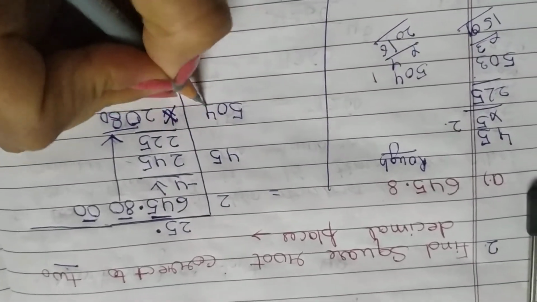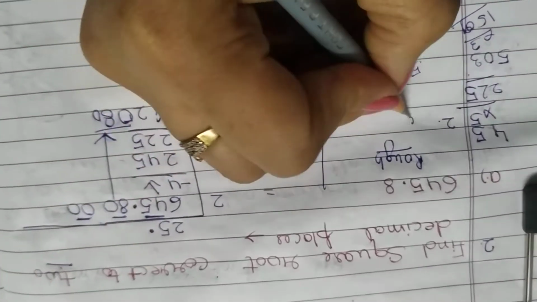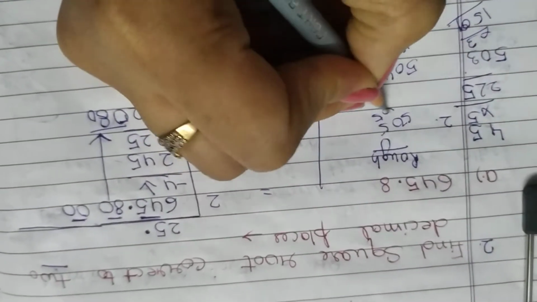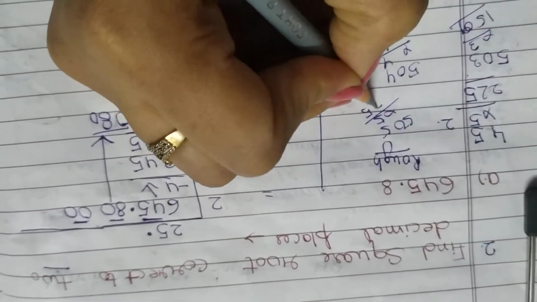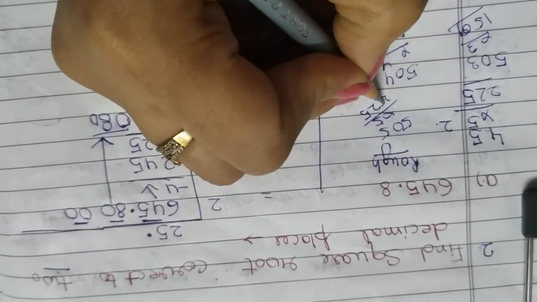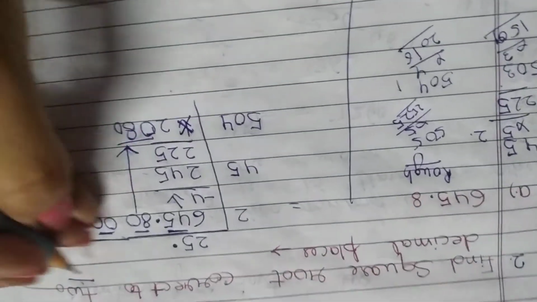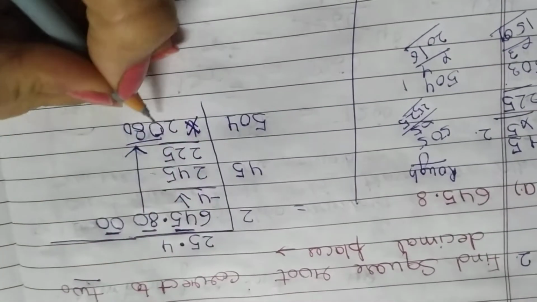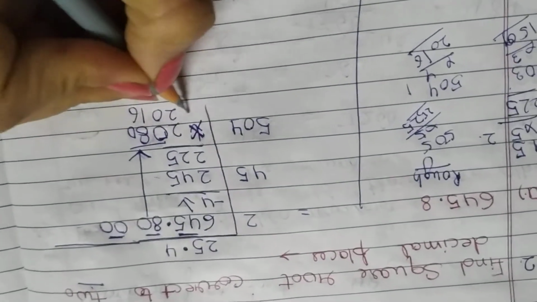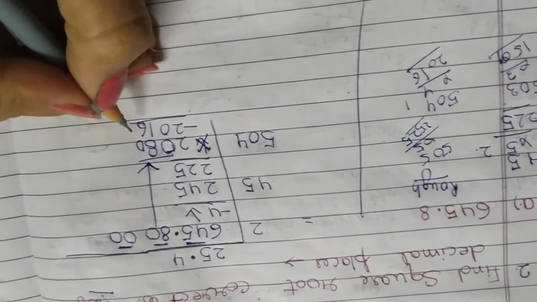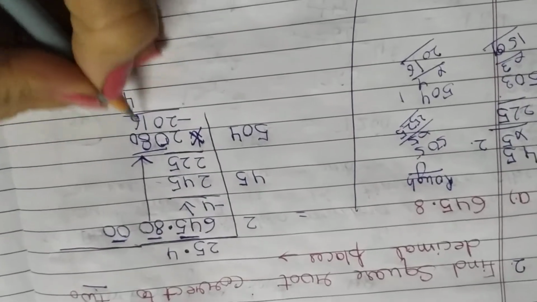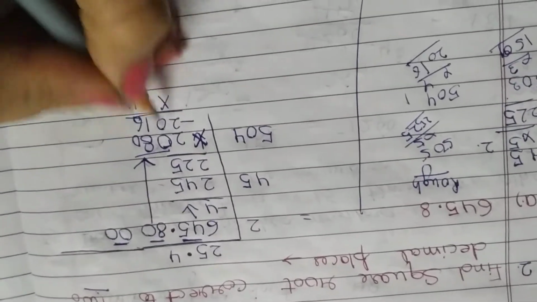So 5, let's do with 5 also to check. 5 5s are 25, 5 5s are 25. It is a bigger number, so I'll use 4. 4 4s are 16, 4 5s are 20. 80 minus 16, it's 64. 20 minus 20 is 0.